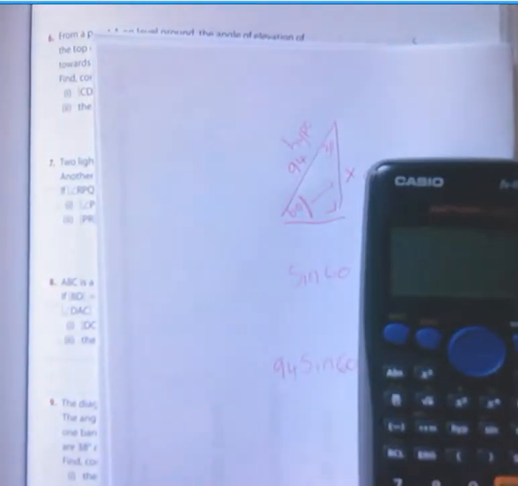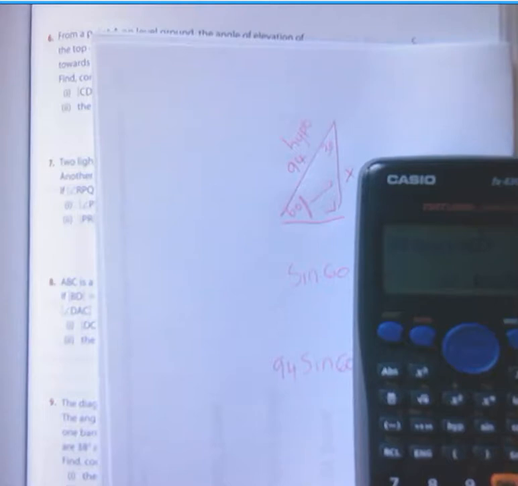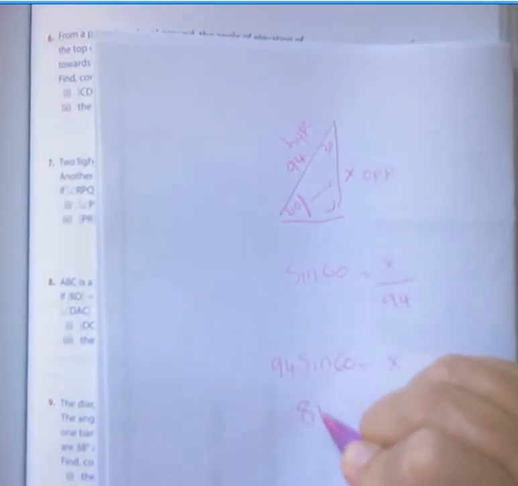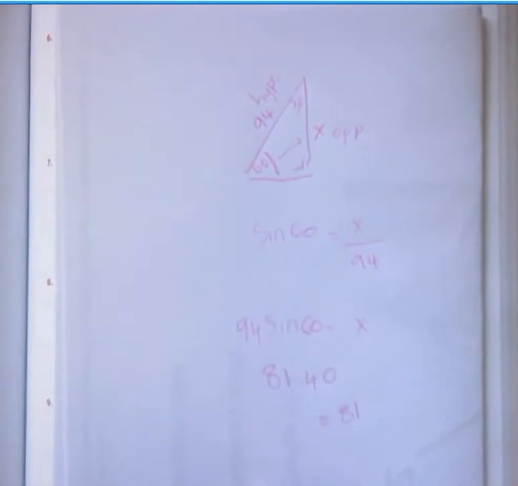On your calculator, you go 94 times sine 60, close bracket, equals. And it gives you 47 root 3. If you press your change button, it tells you it's 81.40. So the height of the building is 81.